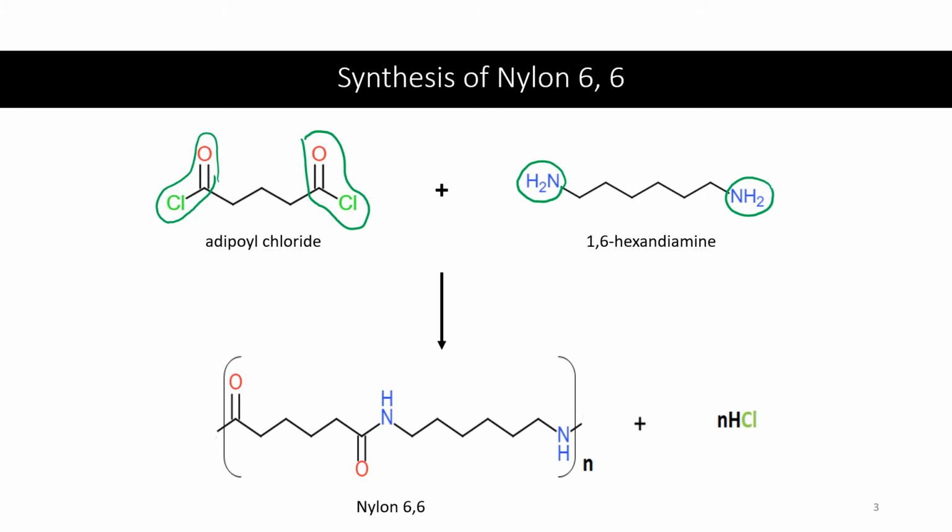In the process of condensation, so we have nitrogen here with two hydrogens. And what happens during the condensation is one of these hydrogens join with this chloride and leave as HCl, which is the small molecule that's generated during this condensation between these two bifunctional monomers, and there will be a new bond forming between nitrogen and this carbonyl carbon.